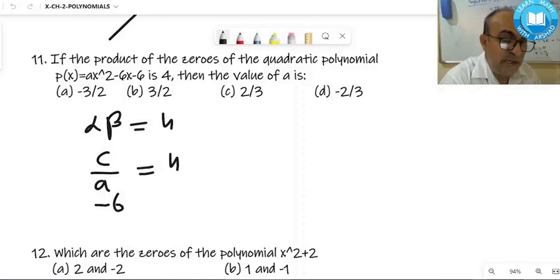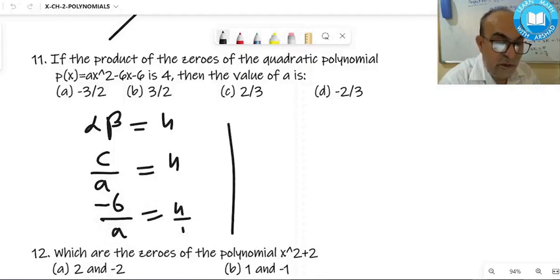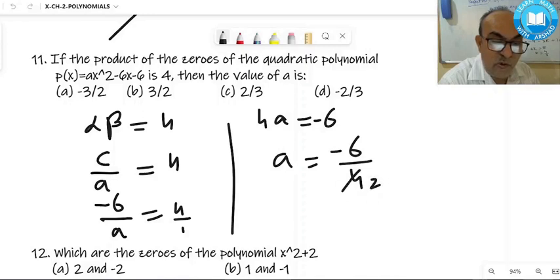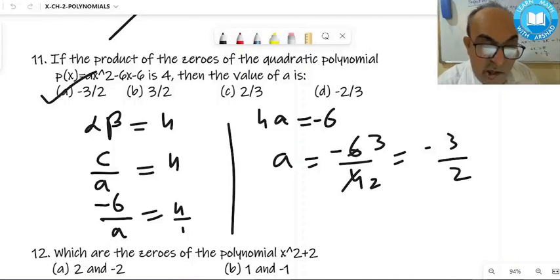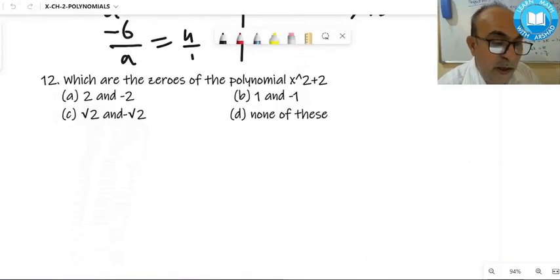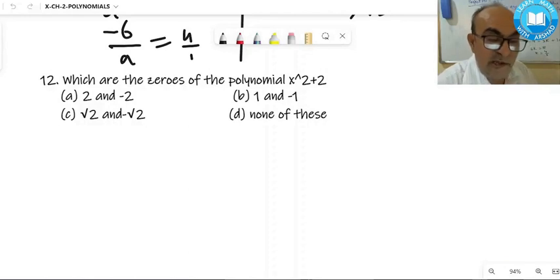C is minus 6 and a is a, so minus 6 by a equal to 4. It means 4a equal to minus 6. So a equal to minus 6 by 4, 2 2s are 2, 2 3s are 6, minus 3 by 2, means the first bit is the correct answer. Really, this is a very interesting, very easy chapter.